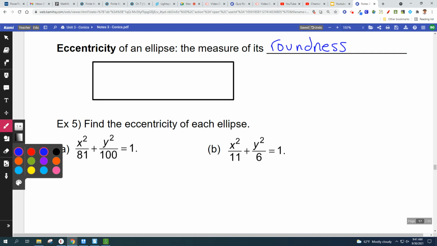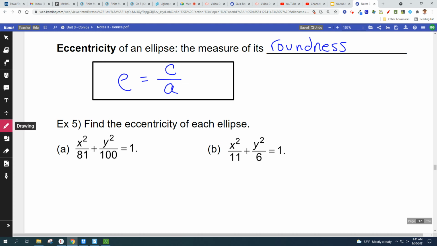And it could be, if it's the more stretched it is, the less perfectly round it is. And there's a formula for that. E for eccentricity equals C divided by A, where C and A are the same things as what we had before. So when this says number 5, find the eccentricity of each ellipse, it's basically saying how round is it?